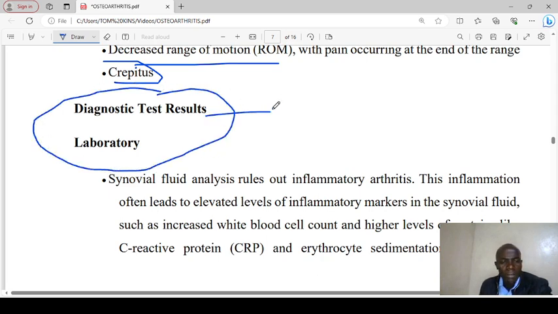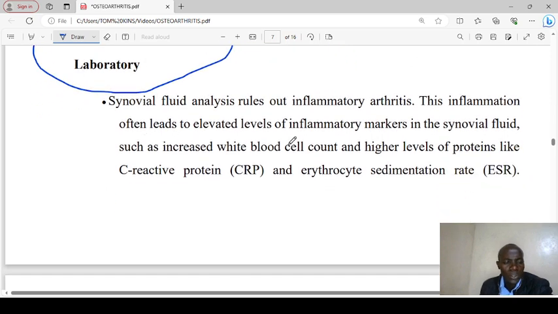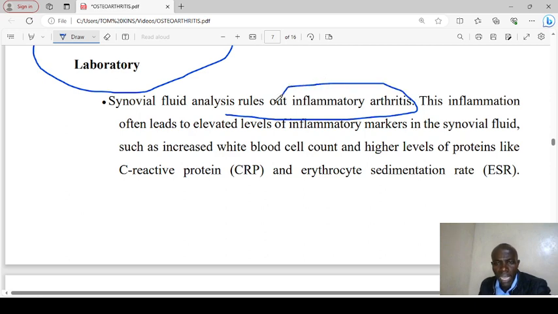On diagnostic tests, we have laboratory, then we have imaging. We start with laboratory, where we target the synovial cavity. We get the synovial fluid for analysis just to rule out inflammatory arthritis.